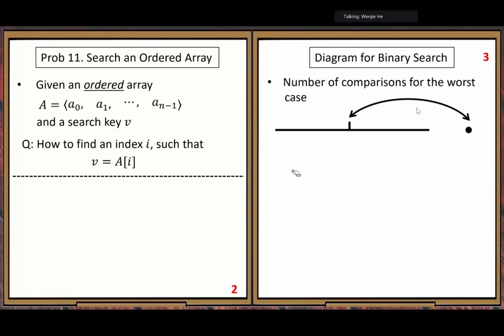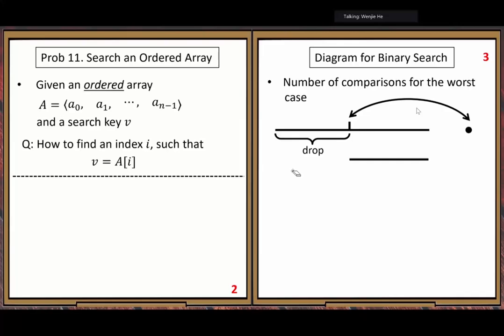After the first comparison, one of the two subarrays can be eliminated, right? So half of the data is eliminated, not in our consideration anymore after one comparison. Okay, so let's look at the size reduction in this process. One of the two subarrays is dropped.